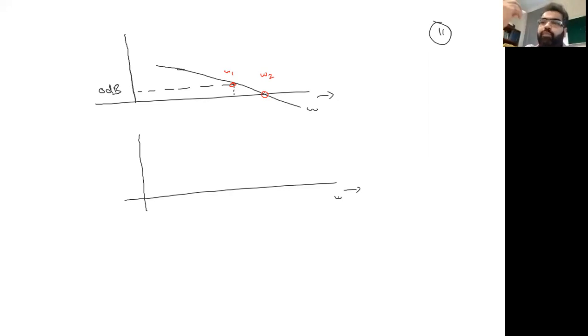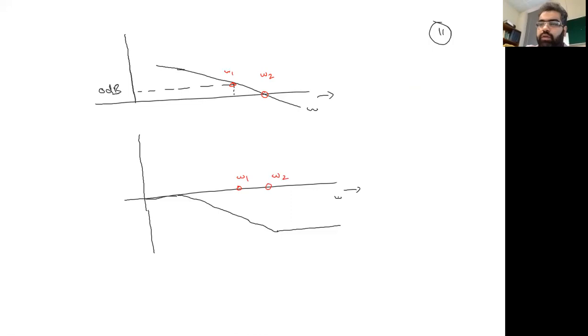We have to look at the same omega points; we cannot see different omega points. So for example, this is omega 2, and this is omega 1.